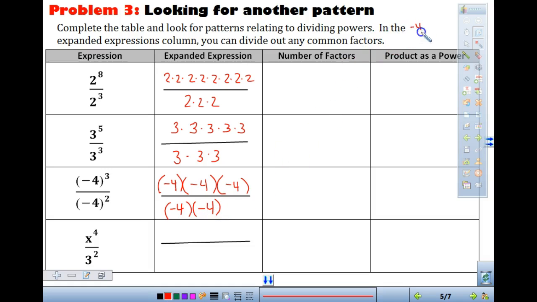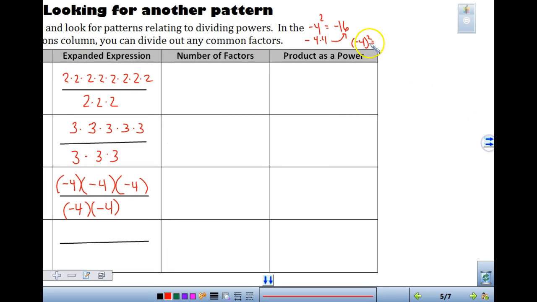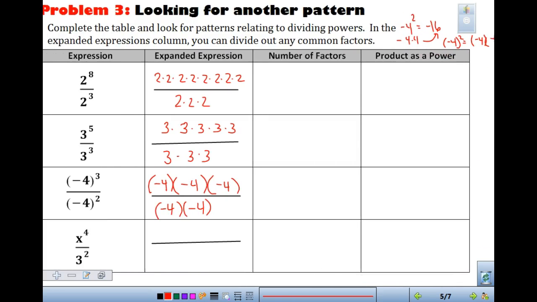If I take -4 without a parenthesis to the 2nd, that's -16, because that means that I took the negative and then I took 4 times 4. And that's how we get -16. But if I put -4 to the 2nd in my calculator, that's a different answer, because that means -4 times -4, which is positive 16. So that parenthesis, it seems like it shouldn't be that big of a deal. It kind of is.